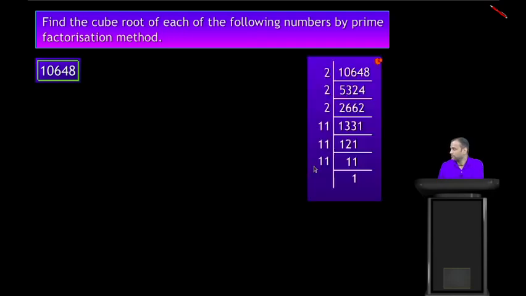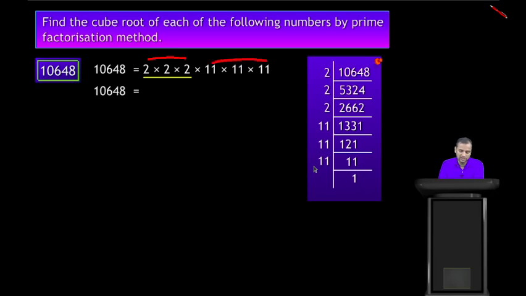So these are the prime factors of this number: 2 2 2 11 11 11. So here are the prime factors of this number. Yes, it is 2 2 2. So now make groups of 3. So we got the first group and then we got the second group.